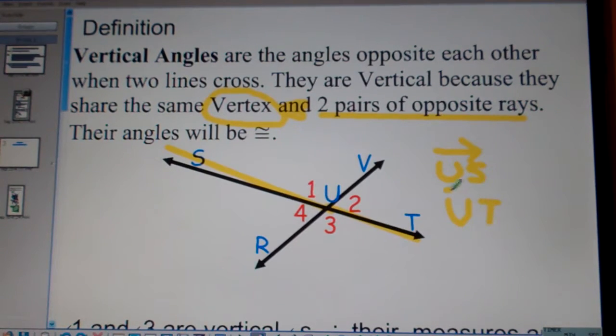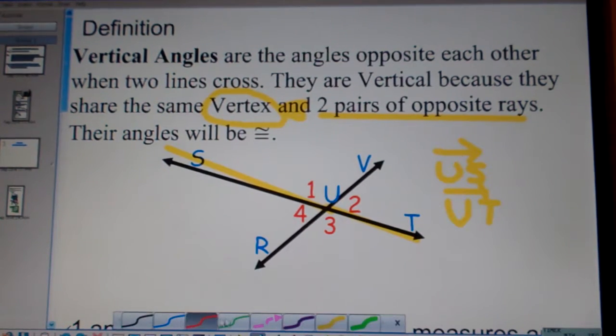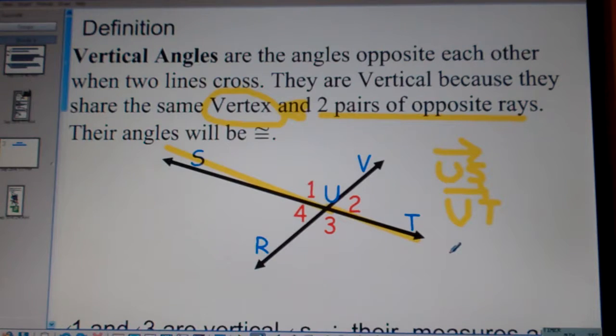Now that's the one pair. The second pair, because we need two pairs, not one but two. Again, angles 1 and 3 share the same vertex U, and the second pair of opposite rays is going to be ray UV, and then UR.